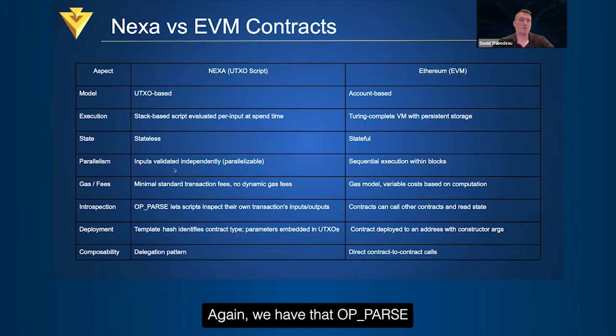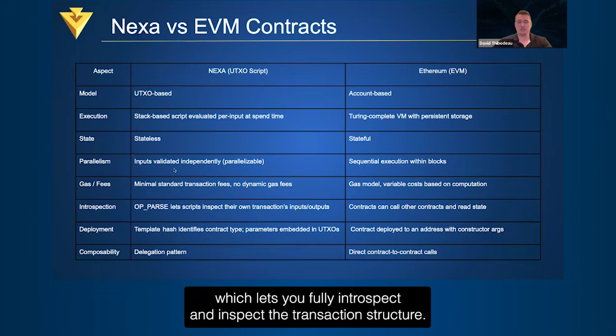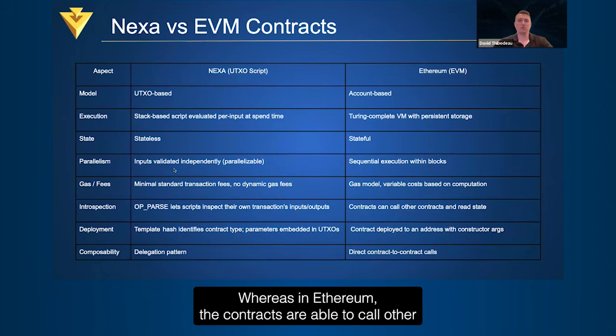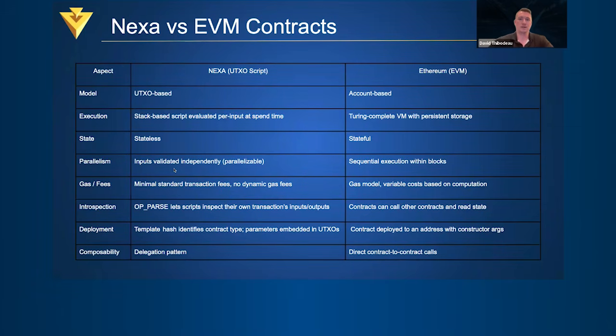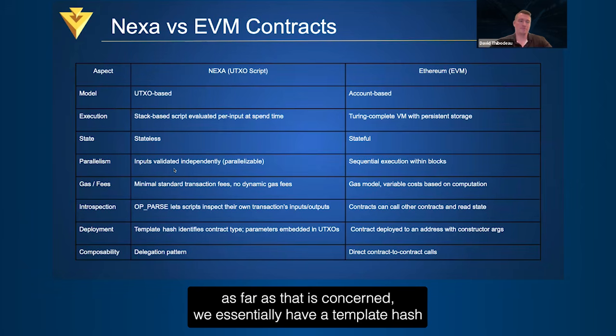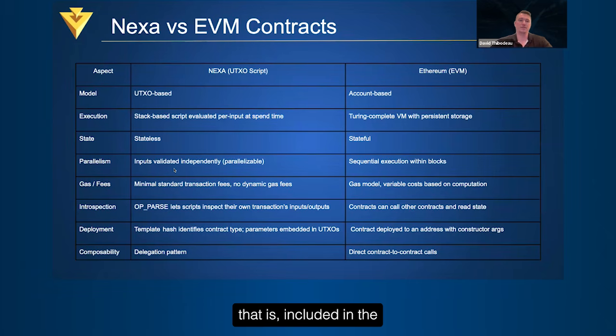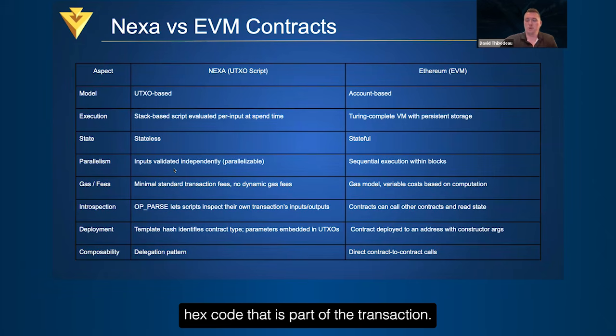Again, we have that op parse, which lets you fully introspect and inspect the transaction structure. Whereas in Ethereum, the contracts are able to call other contracts. They can exchange state between contracts. For deployment, we essentially have a template hash that is included in the hex code that is part of the transaction.